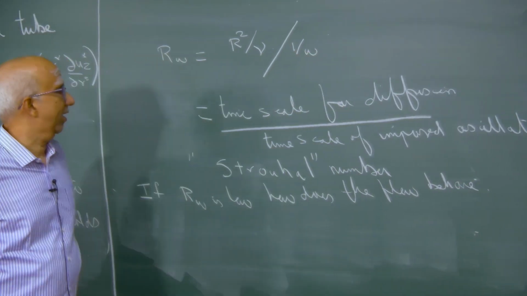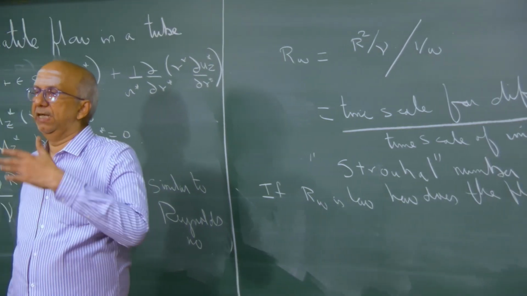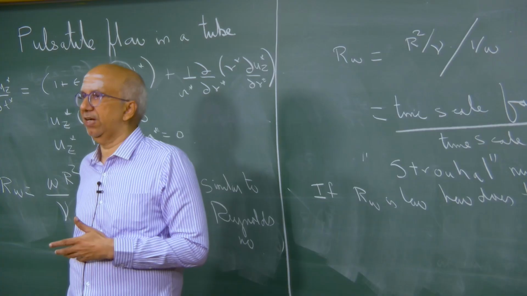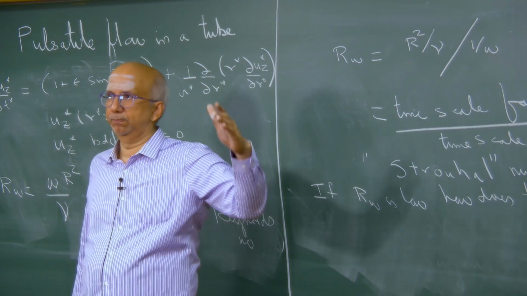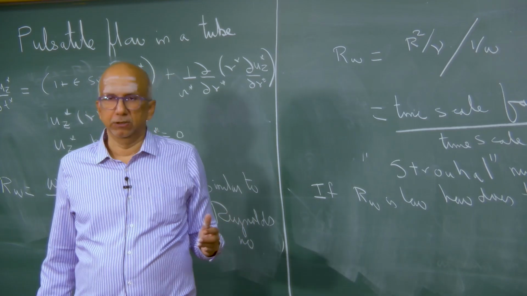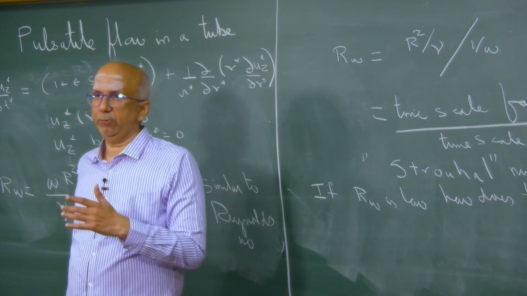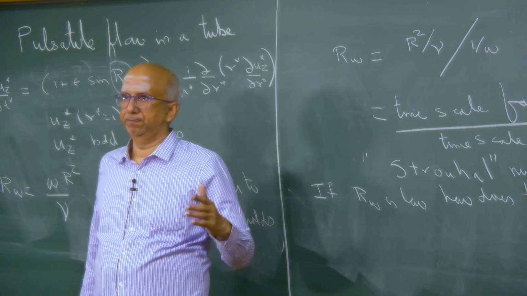If RW is low, it means the time scale for diffusion is low, so the momentum diffusion is very fast, and the imposed frequency is very slow. The time period 1 by omega is very high, which means the frequency is very low or the time period is very large.